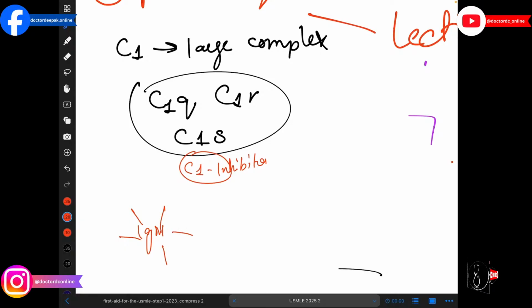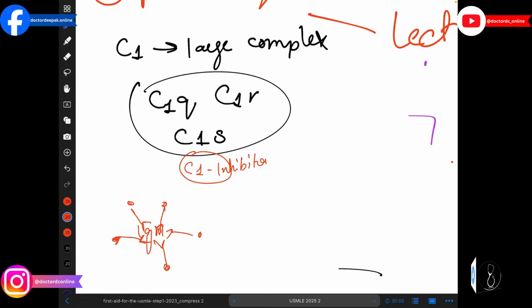IgM has five sites for binding with the antibodies, like 1, 2, 3, 4, and 5, structured like that. Understand?